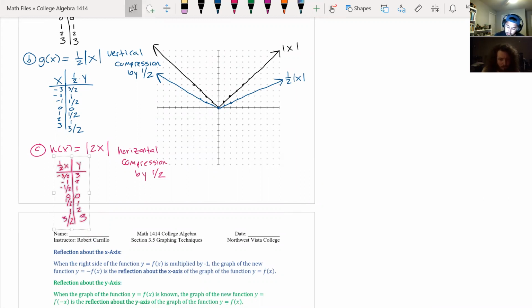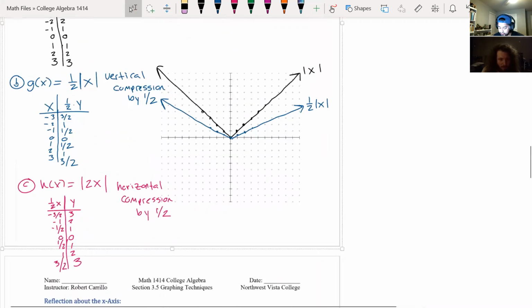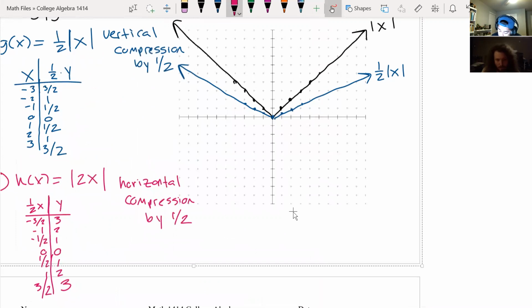Okay, cool. So let's go ahead and graph what we have. And for this one, -1.5. So 1 and 3, 1, 2, 3 will be right here. -1 and 2, -1/2 and 1, 0, 0, 1/2, 1, 1, 2, and then 1.5 and 3.